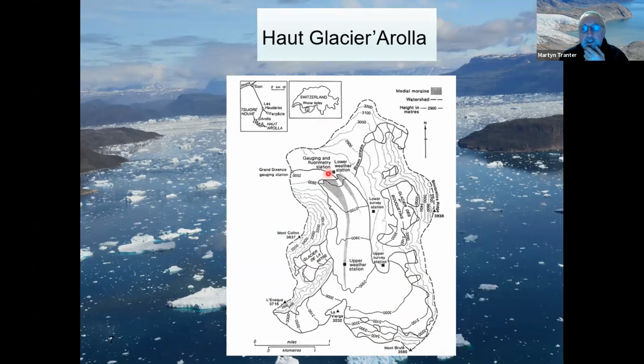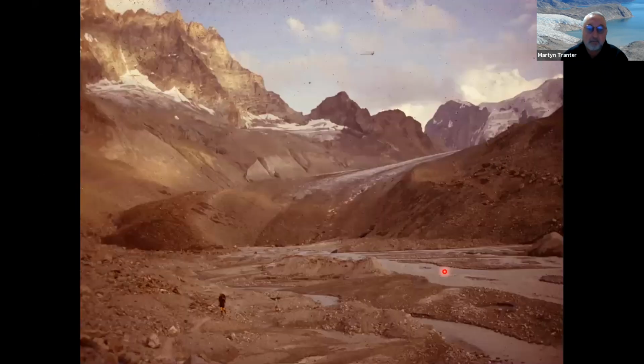It's only a few kilometers long. It's only a couple of kilometers wide. And the great thing is that the processes that we found at Arolla, you can export, allowing for scale, even to the Greenland and the Antarctic ice sheets. And that points to the ubiquitous nature of a lot of the glacial processes of interest to us.